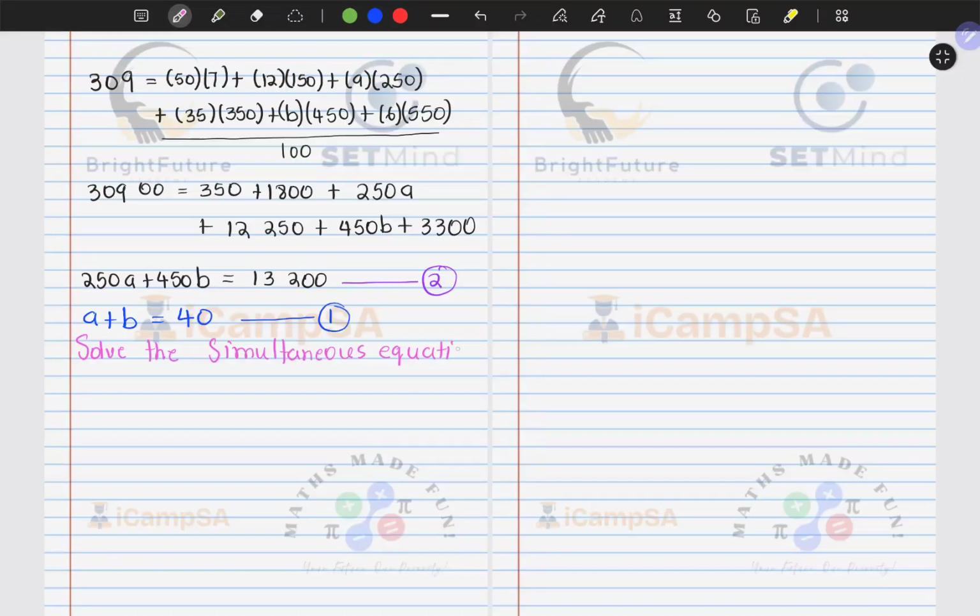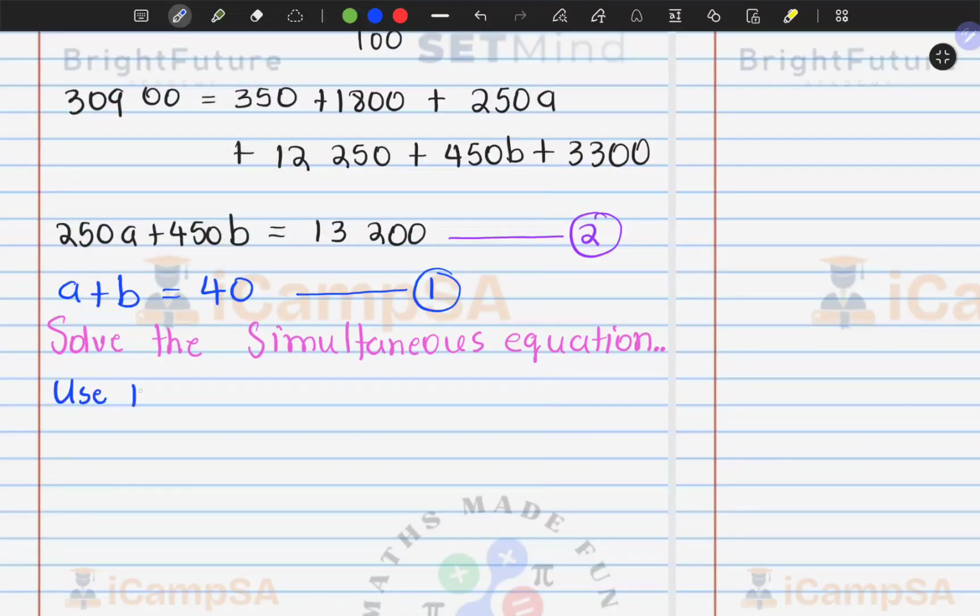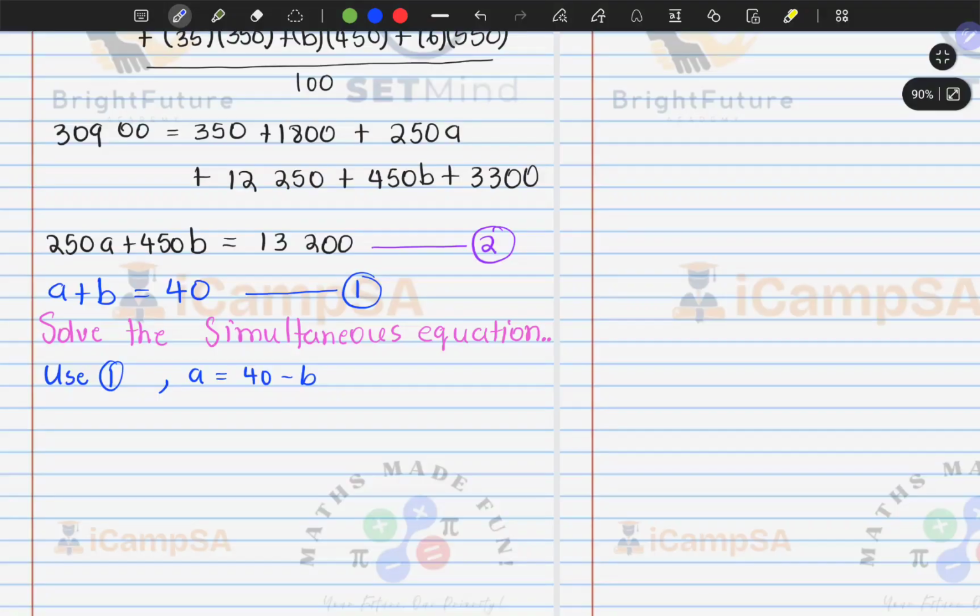So what we can do is use equation 1 to start off. So from equation 1, I'm going to make A the subject, where it's 40 minus B.